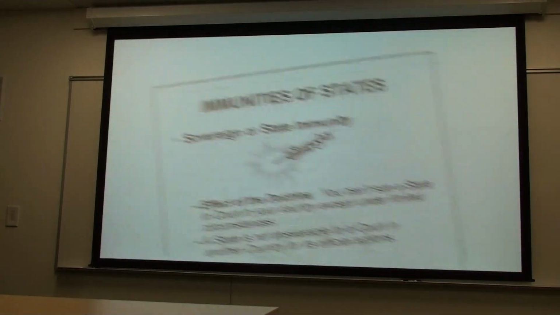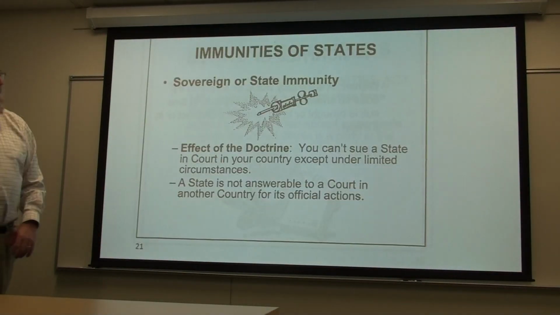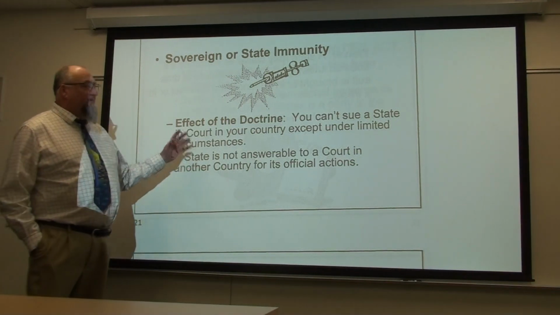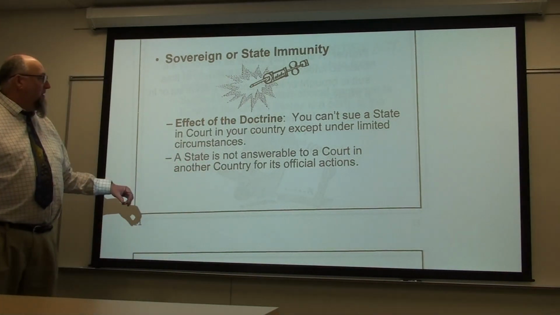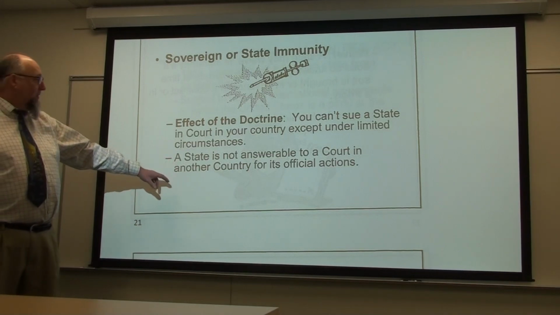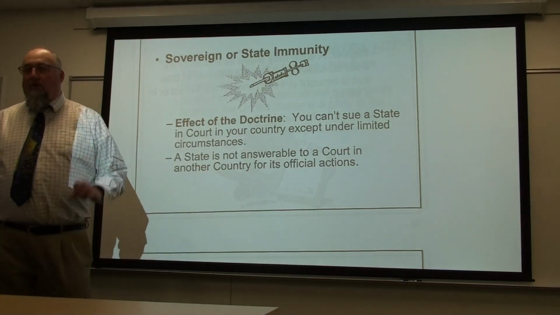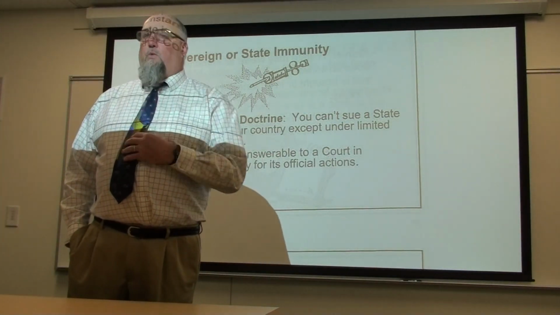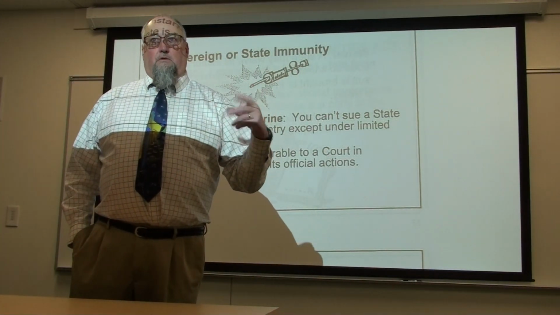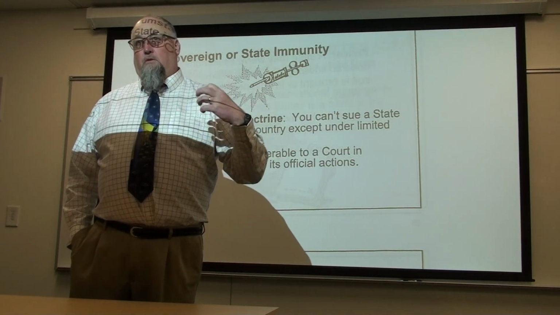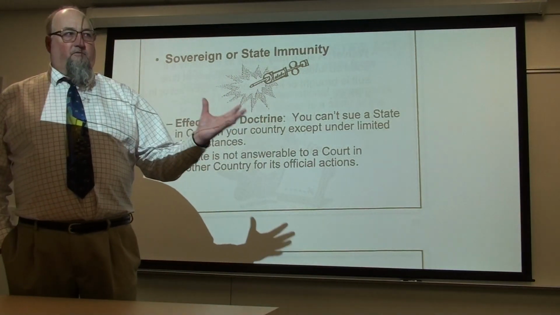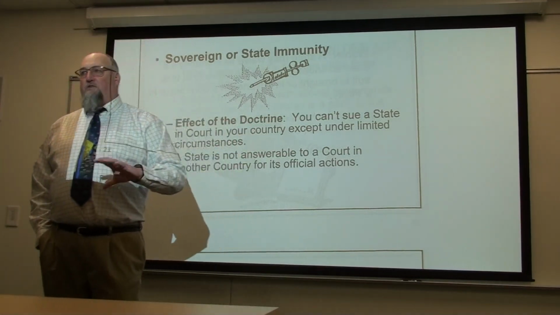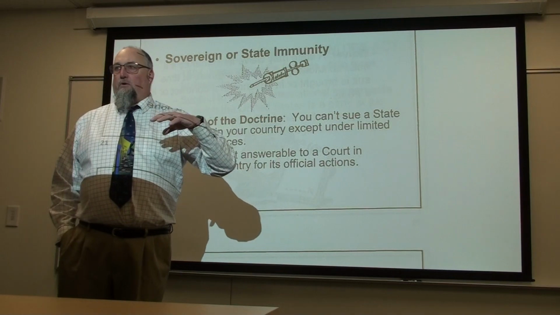The effect of that is you can't sue a state in court in your country except under very limited circumstances. A state is not answerable to a court in another country for its official actions. This also plays into the idea that we don't want judges in a lawsuit essentially declaring whether a foreign government did something legally or illegally. That's reserved for an international type tribunal.